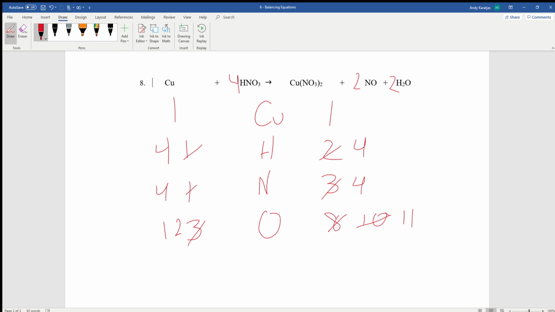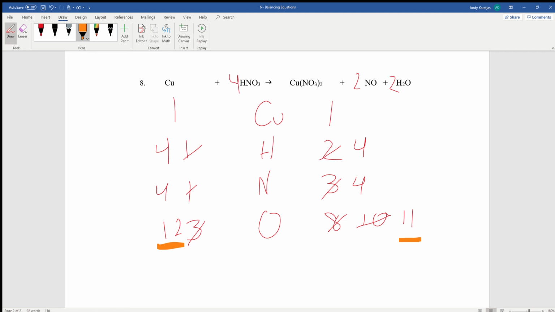So this actually gets us into a very complicated situation, because the only thing that's not balanced is our number of oxygens, and we're off by 1. The problem becomes if we adjust the number of oxygens on the product side in any of the 3 compounds we have, we're going to cause something else to become unbalanced.